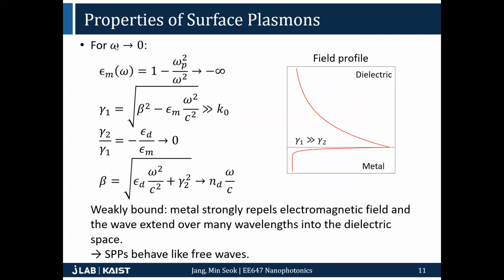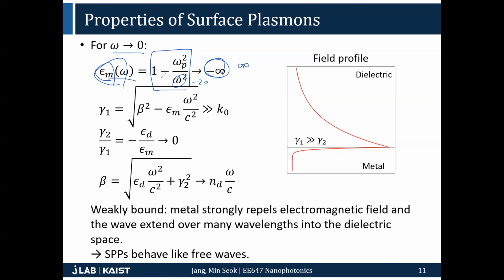And then when omega goes to 0, I said, the surface plasmon tends to be very similar to the free wave. And the reason is when omega goes to 0, then from this equation, epsilon m, the permittivity of metal, tends to diverge, right? Because omega goes to 0, this one tends to diverge.